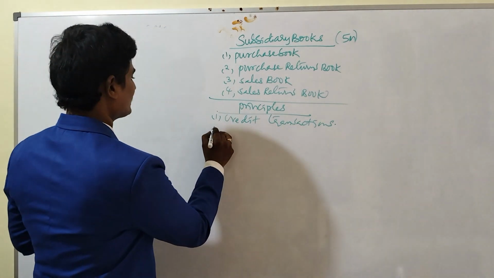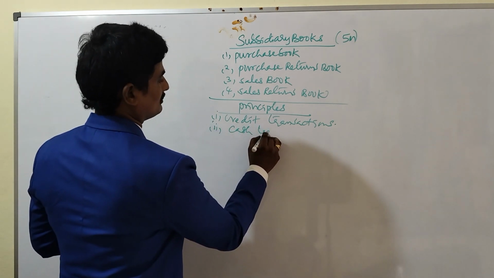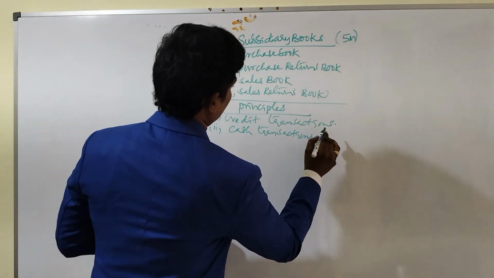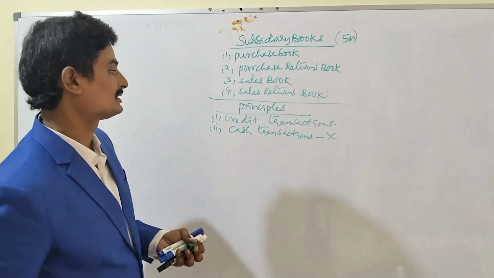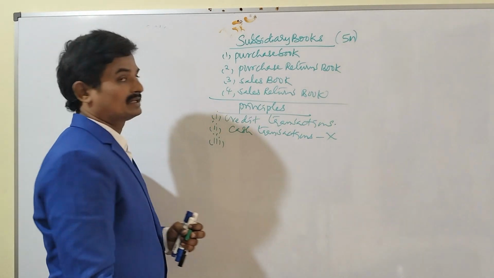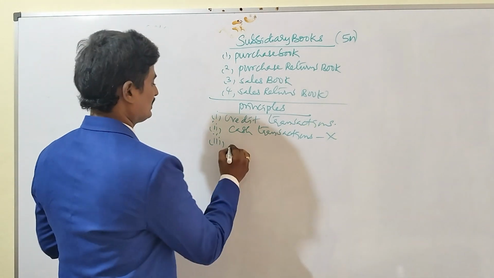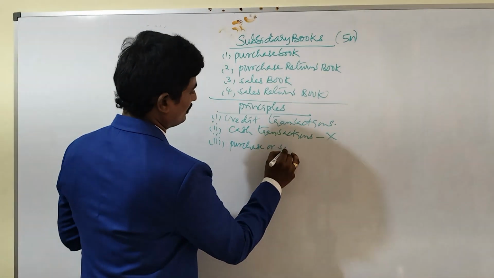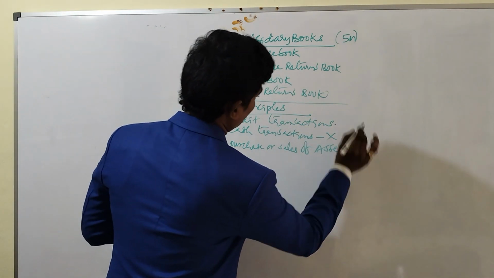The second one, cash transactions: no need to record cash transactions. And the third one, we avoid purchase or sale of assets as well.